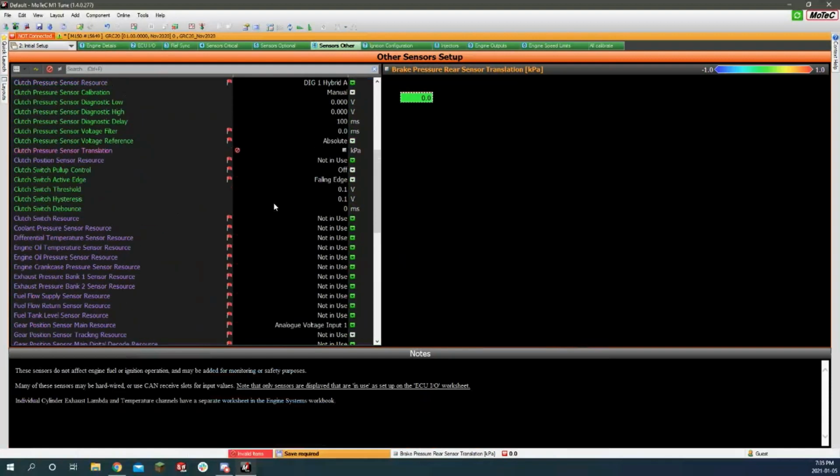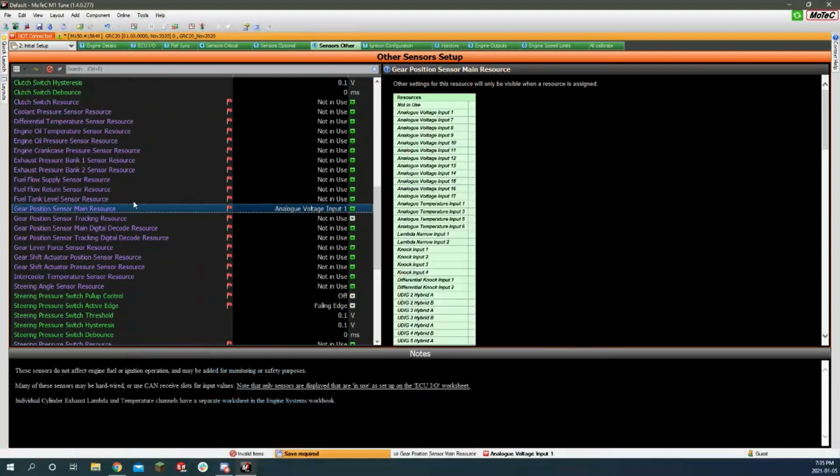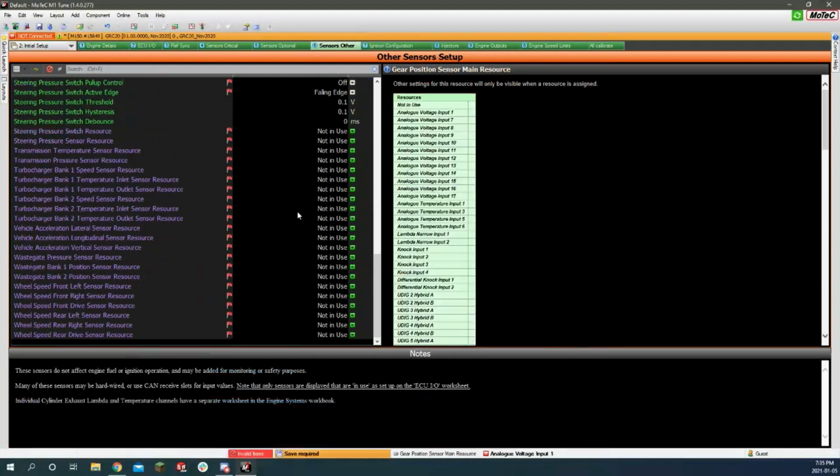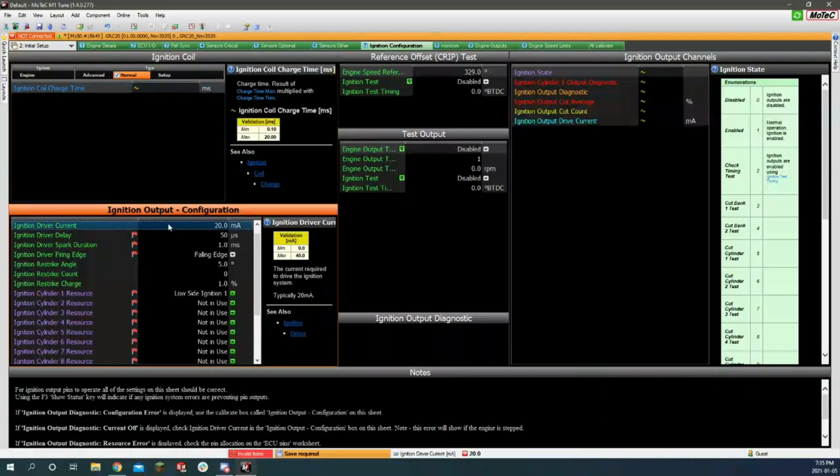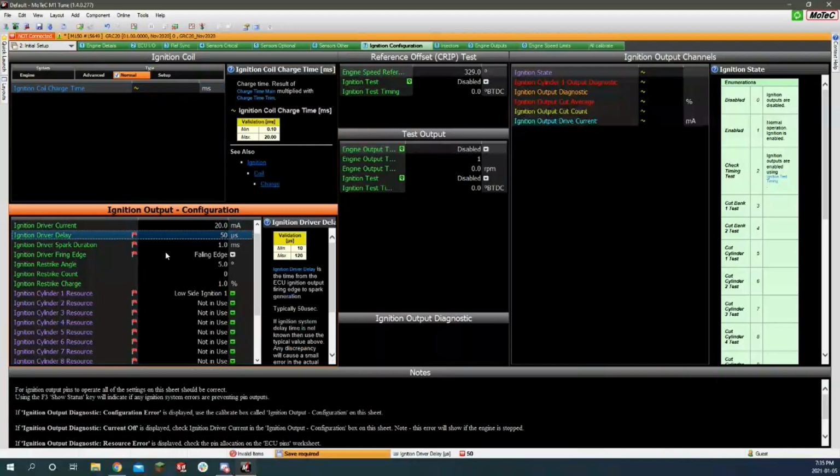But these are mostly just sort of boring sensors. You have the gear position, but we already had that. Ignition. So our ignition's pretty simple, being just a single cylinder with a coil near plug setup. So you tell it basically how much current and the timing and stuff to power the ignition coil with.